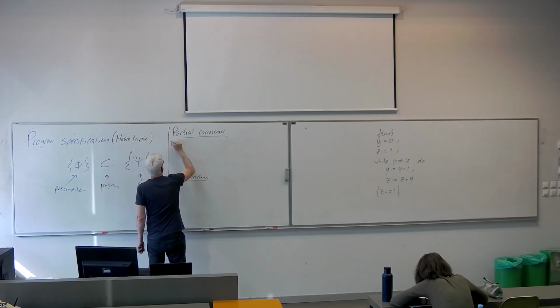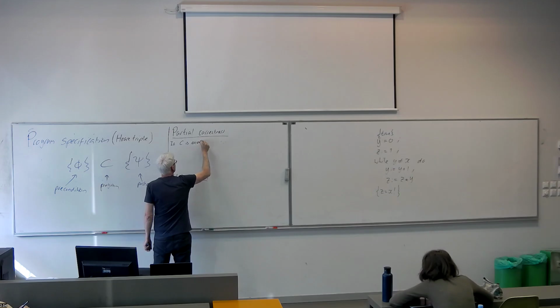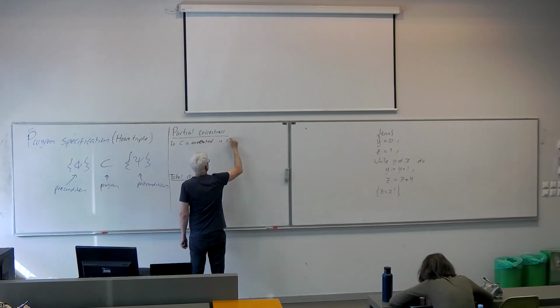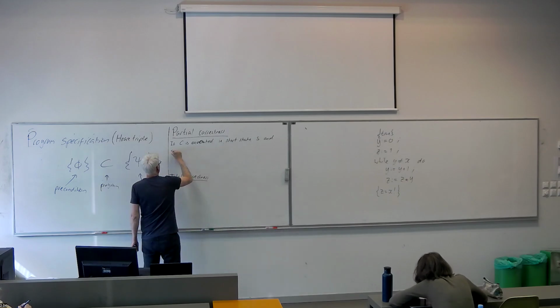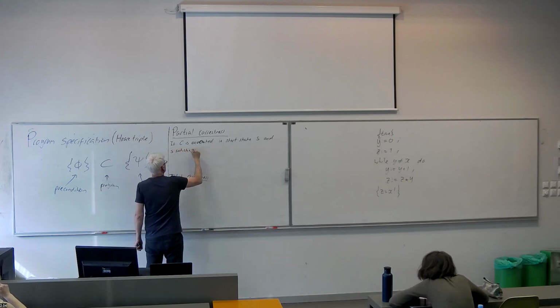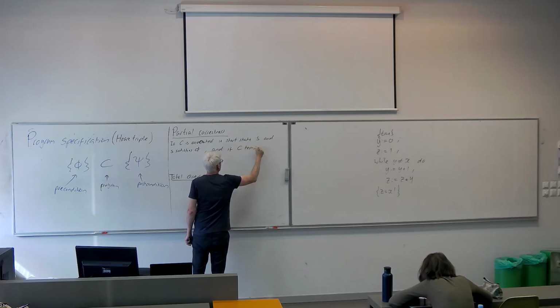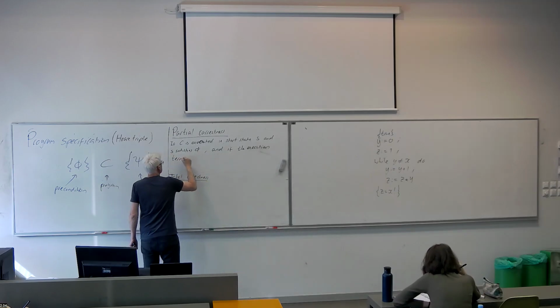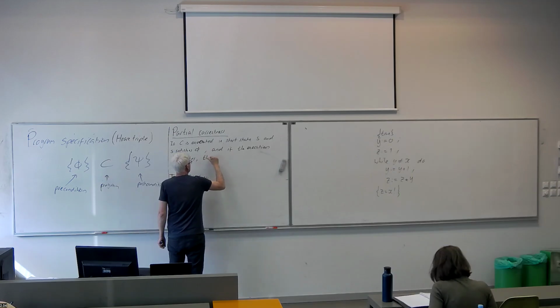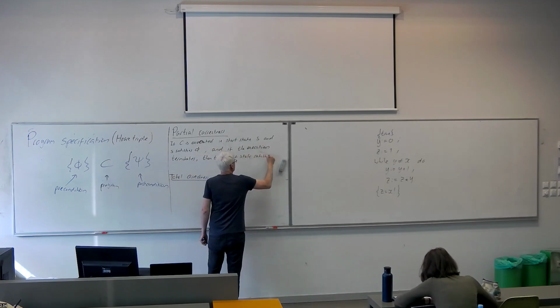Partial correctness says if C is executed in start state S and S satisfies phi, and if C terminates, this execution terminates, then the result state satisfies psi.